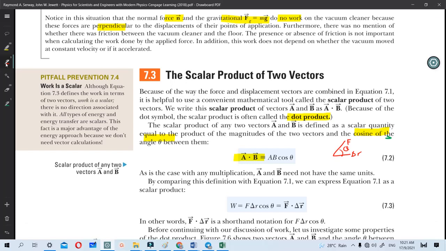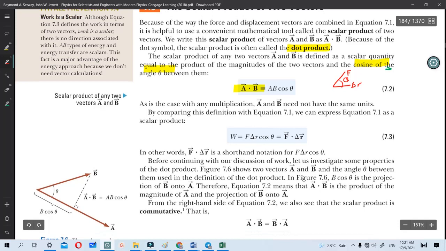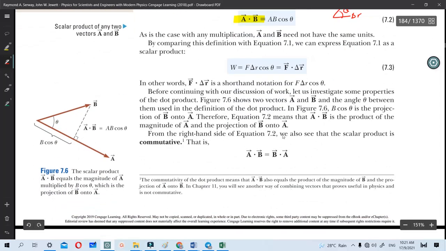So in short, a dot product is parallel, in the same direction, parallel or anti-parallel. And in the case just now, F R cos theta can as well be written as F dot delta R.